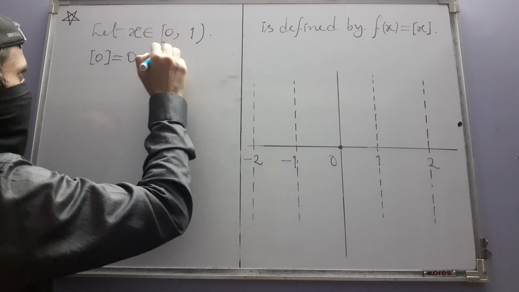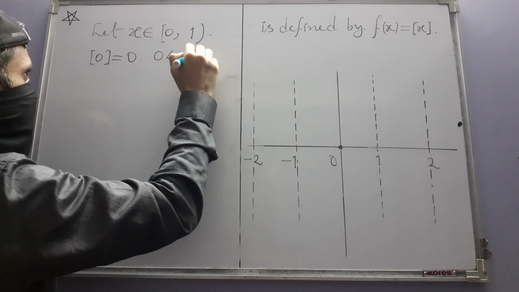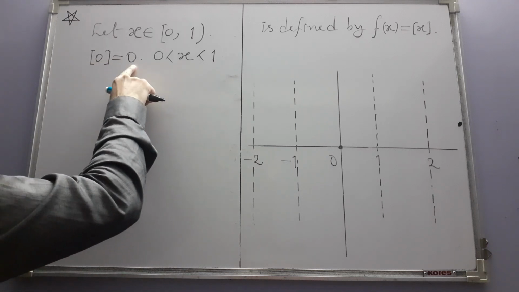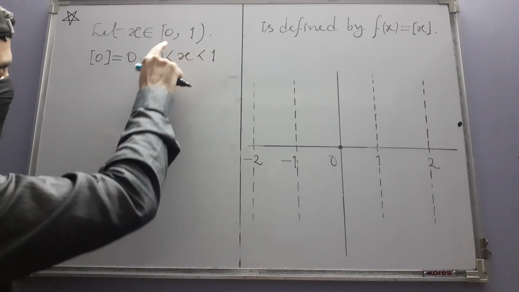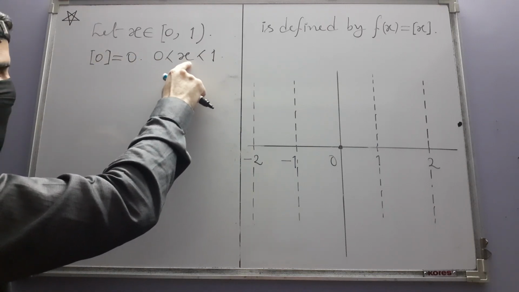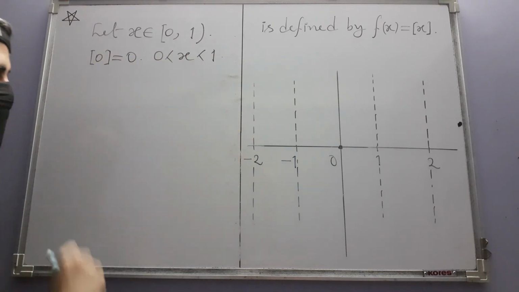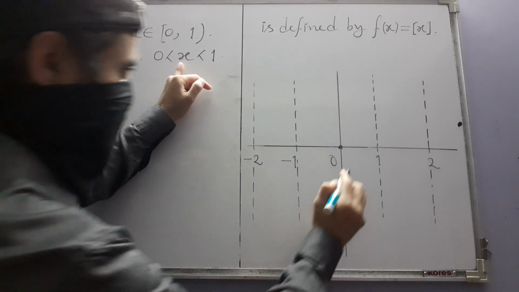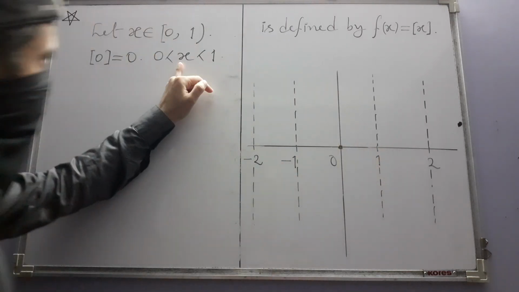So now I can consider this situation. If I have already considered 0 and x lies here, so this case is gone, x is greater than 0 and x already is less than 1. In this situation, x will lie here somewhere.